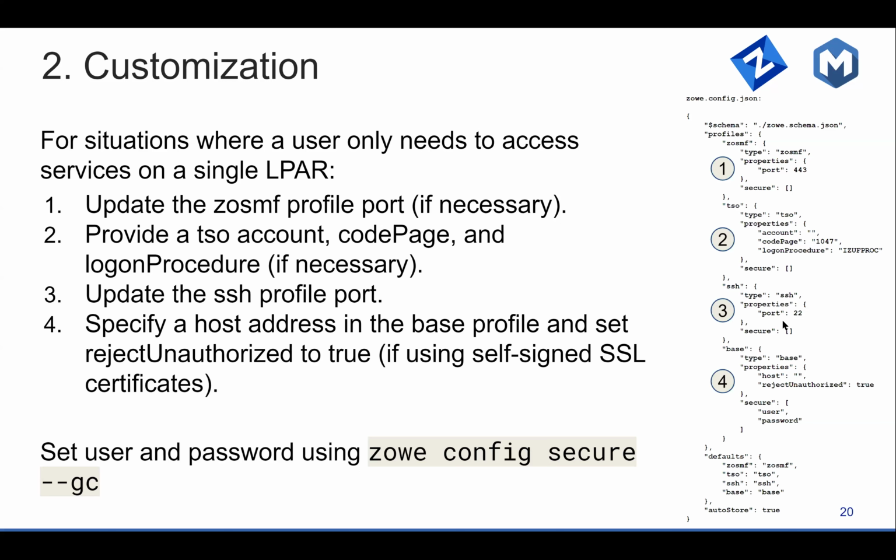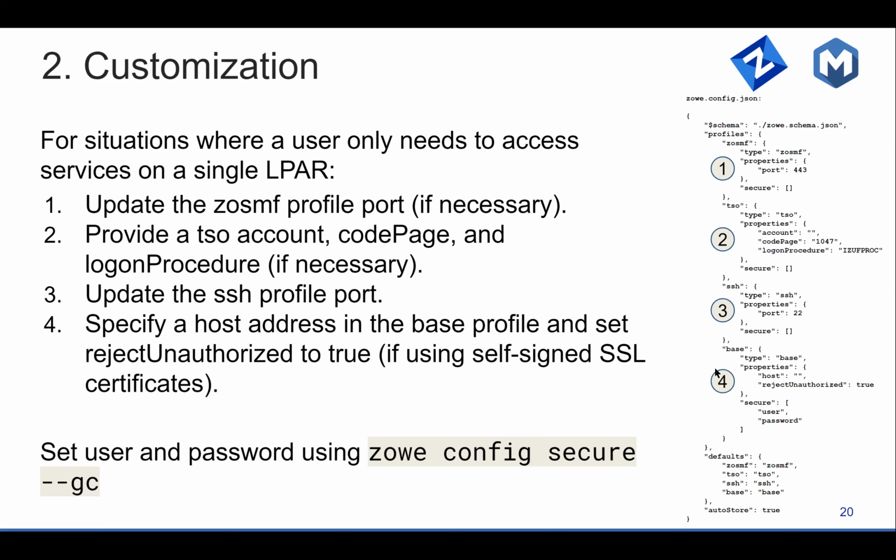Moving down to ssh, again, really here, you would check the port. There are a few other properties you might want to consider, but by default, all you have is port. And in base, you would want to make sure you have the right host address for your system. And if you're using self-signed certificates, you would also want to modify the rejectUnauthorized setting here.